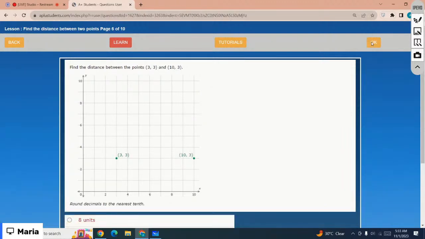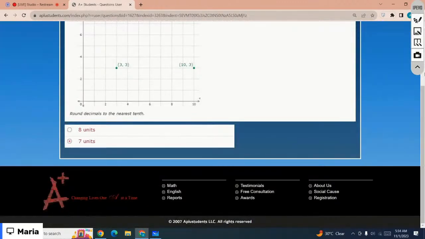Okay, find the distance between the points (3, 3) and (10, 3), which is the correct option. Yes, the distance between the 2 points is 7 units. The correct option is 7 units.